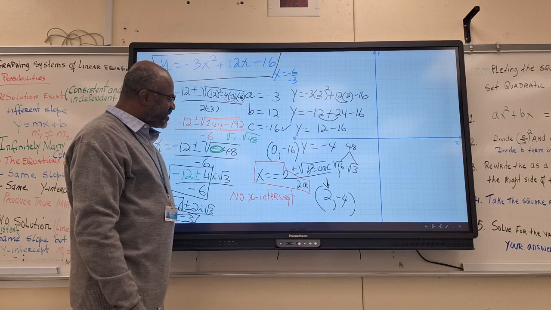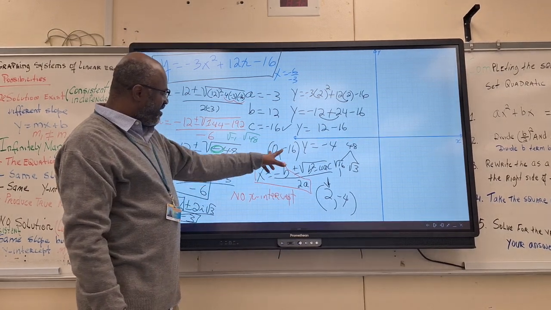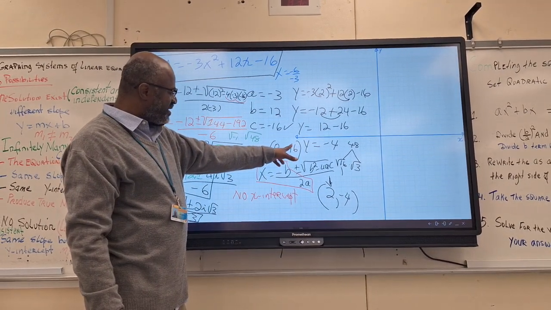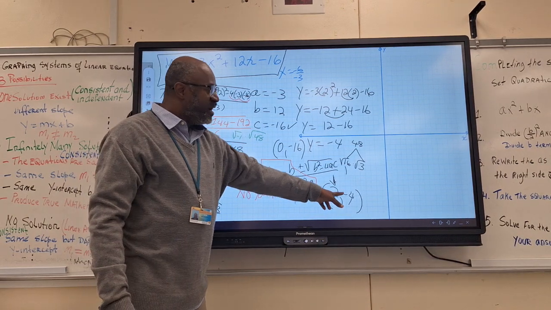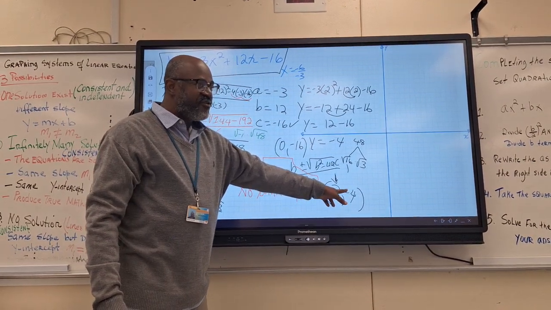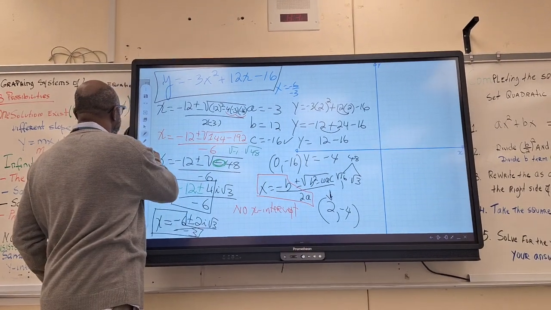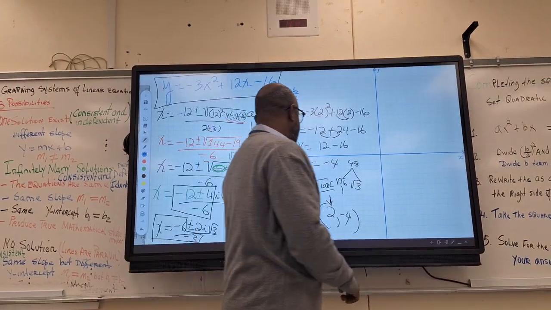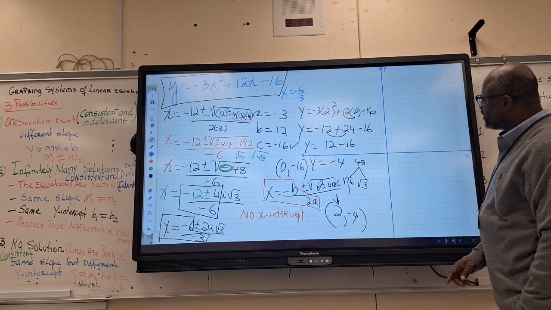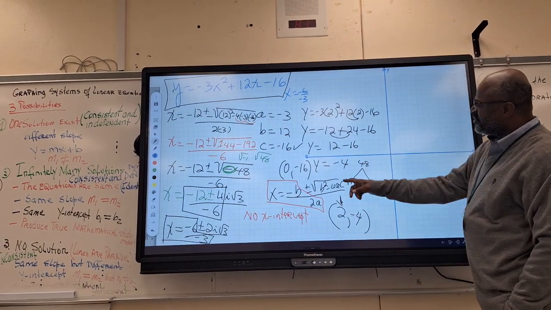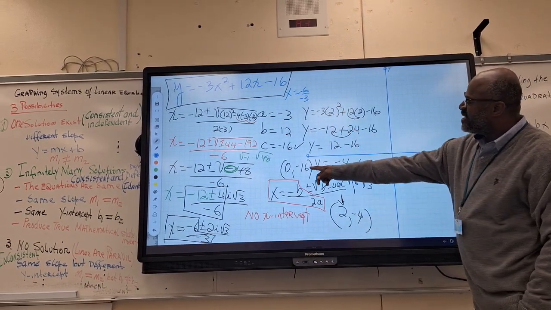So I have 2 points I need to use to reflect. I have (0, -16) as my y-intercept, and my vertex is (2, -4). Then I will use the method of reflection. So let's go plot those 2 points. So we're going all the way to negative 16.